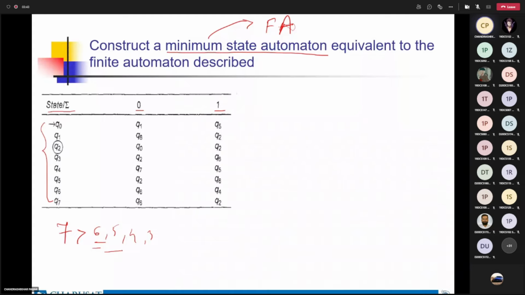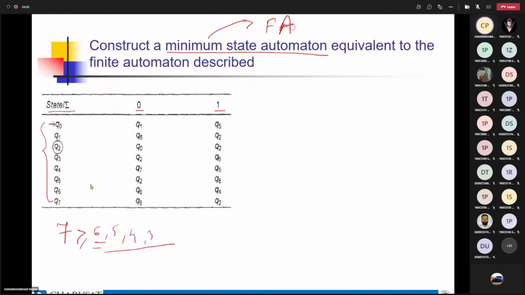Sometimes it is equal, means it is not going to reduce and you obtain the same number of states, but it is a rare case. Either it is going to reduce at least one state minimum, 5 states minimum, like this. So how to reduce the number of states, that we have to observe.